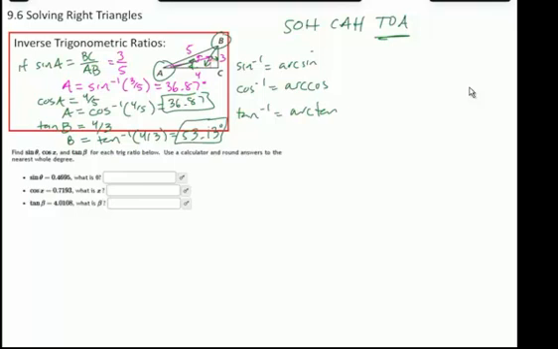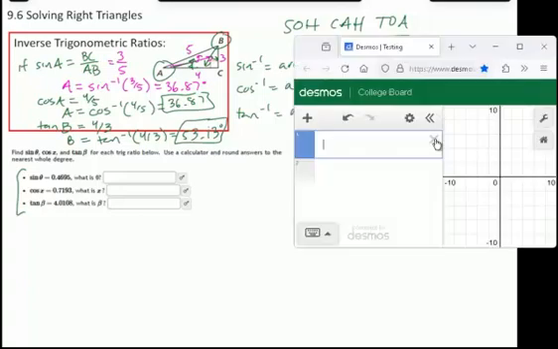Okay, but I want you just really quickly here, see if you can find these three angles using the inverse ratios on the calculator that you're using. So when we set up the problems above, we used the fraction form, right? We took the inverse sine of 3/5, but you could have also taken the decimal form. So that's what you're doing here on the bottom questions.